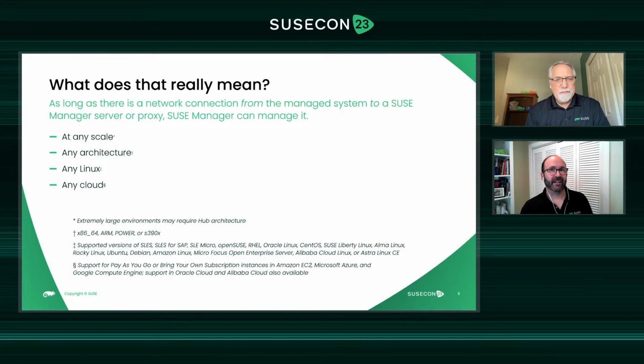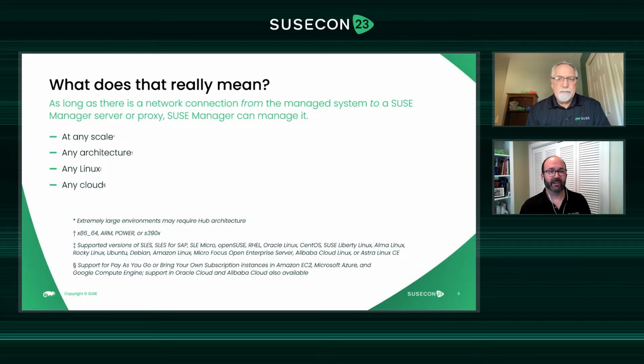If there's something that's not on here that you're interested in, we'd encourage you to go to our upstream project, Uyuni, and talk to the community there, and chances are we can get it added. And then any cloud. That means really the big three: Amazon EC2, Microsoft Azure, and the Google Compute Engine. There's also support in Oracle Cloud and Alibaba Cloud.